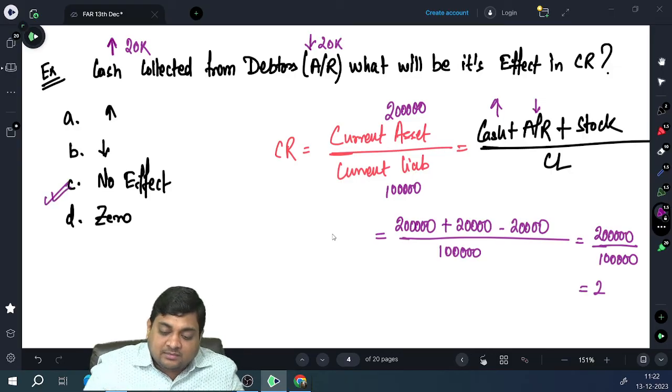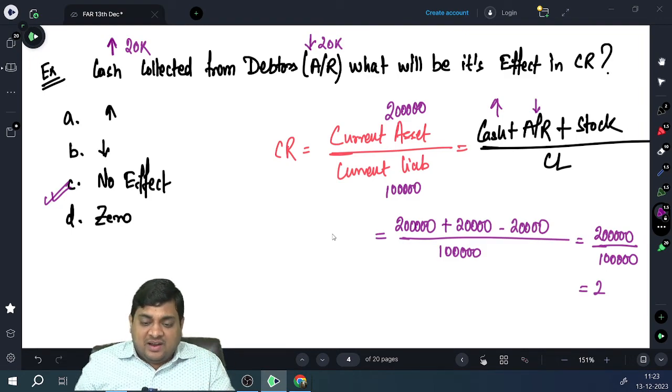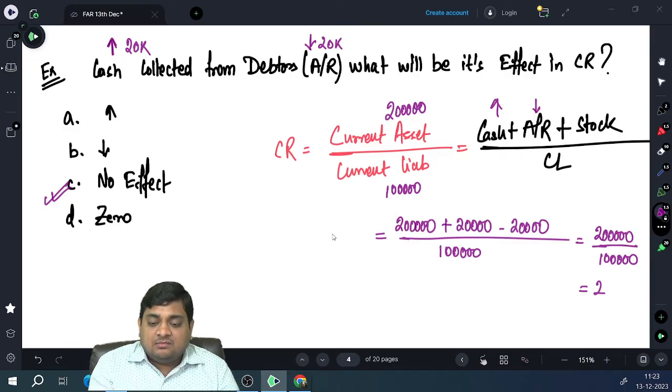So, no effect. I've assumed that earlier it was 2. So let us assume that it was 2. Now I am showing the effect, just taking an arbitrary figure, 20,000, 10,000, whatever. The numerator is increasing and decreasing by the same amount, so no change in the numerator. The denominator is not changing either.